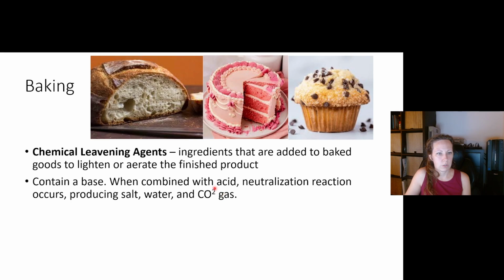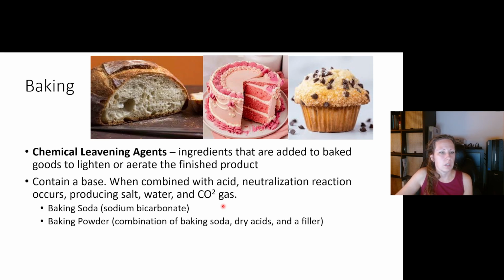And this too should be down here. Little typo here. So CO and then subscript 2, not superscript. Okay, so our 3 that we're going to talk about are baking soda, baking powder, and ammonium bicarbonate.